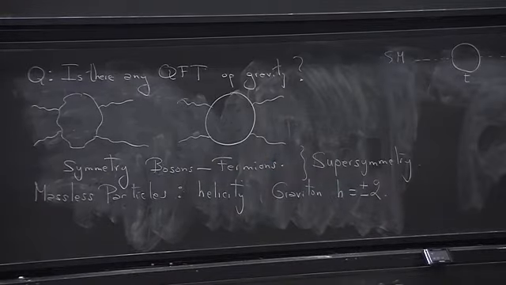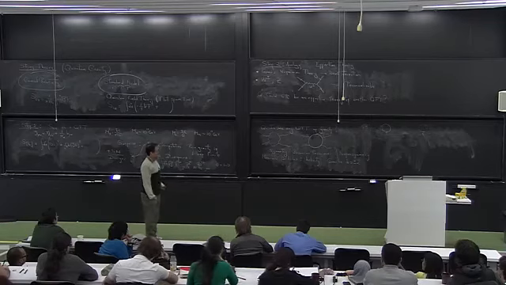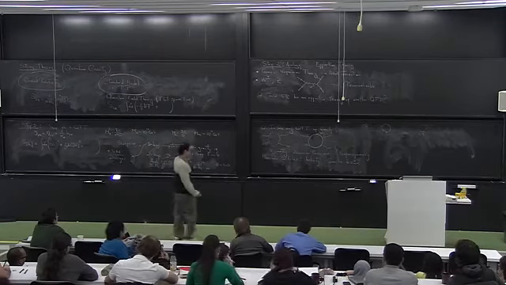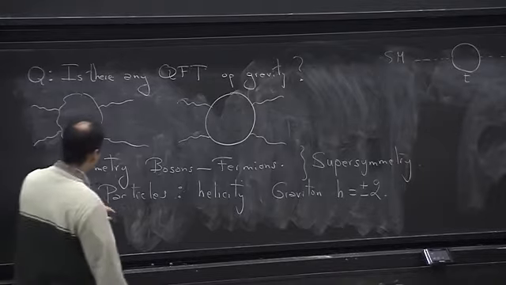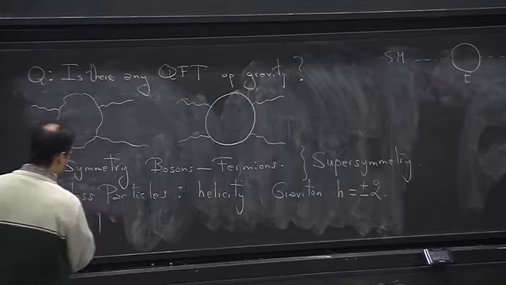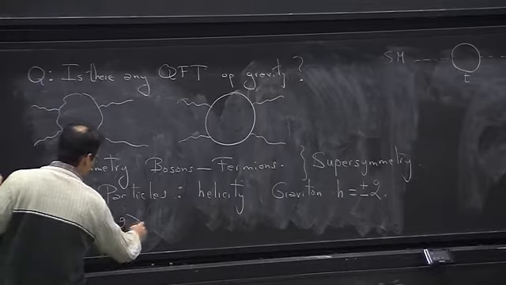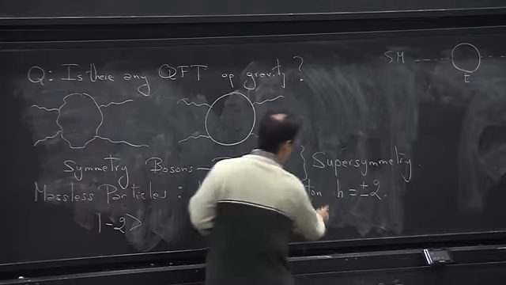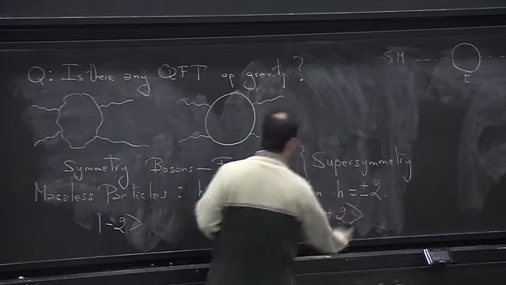Gauge bosons, the regular gauge fields, have helicity plus minus 1, but gravitons have helicity plus minus 2. So we describe our asymptotic particles by states of helicity minus 2 or helicity plus 2.